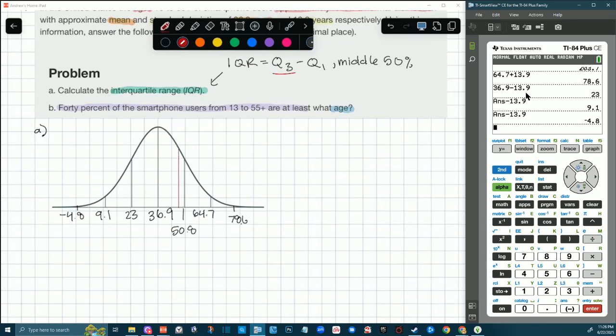So I expect that Q3 sits right here, and that's 75% of the data less than. And then I'm going to do the next one, Q1 in orange. I know that also sits within one standard deviation, and that 25% of the data is less than the first quartile.